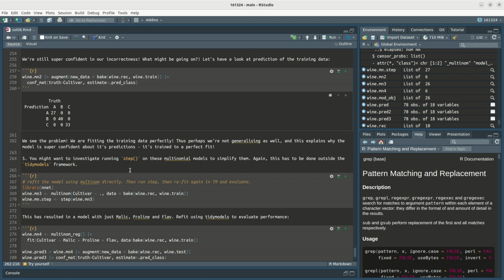Okay, so again, it's another thing to look for when you're fitting models such as neural nets and so on. It's just a sort of sanity check by looking at how well it's doing on the training data. If it's doing really too well on the training data, then maybe it won't generalize as well.